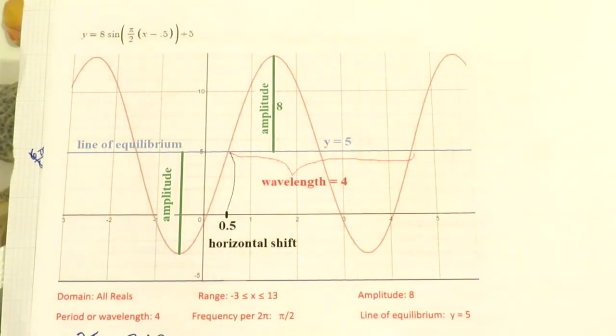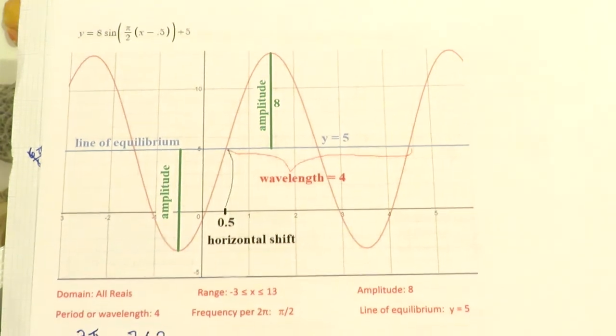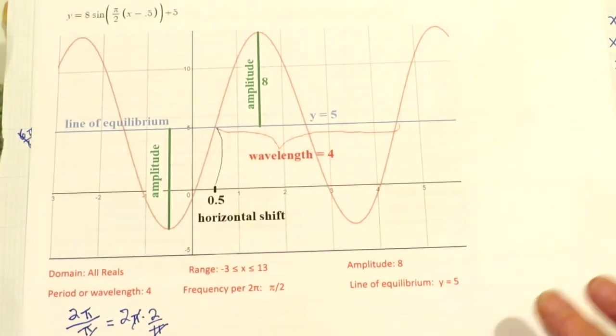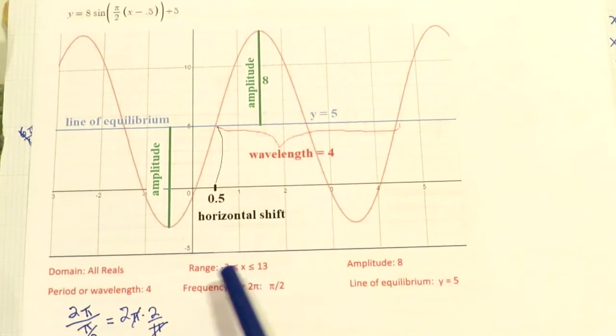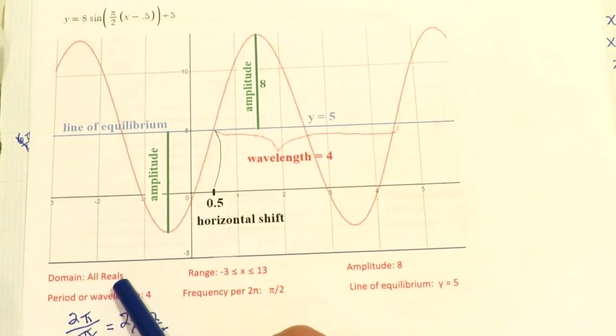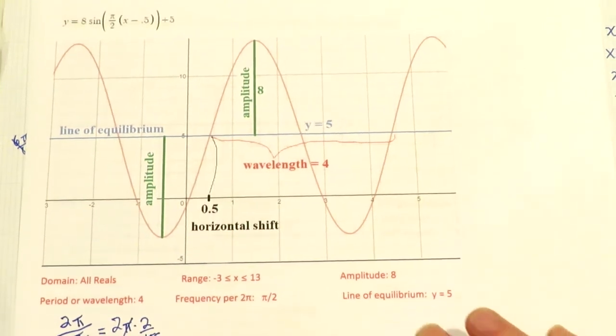So let's look at some other examples like that. Oh, and by the way, the amplitude and the line of equilibrium end up affecting your range. So our domain is still all real numbers unless this was some application where it didn't make sense to plug negative values in or something like that. But the range gets affected by the line of equilibrium and the amplitude.